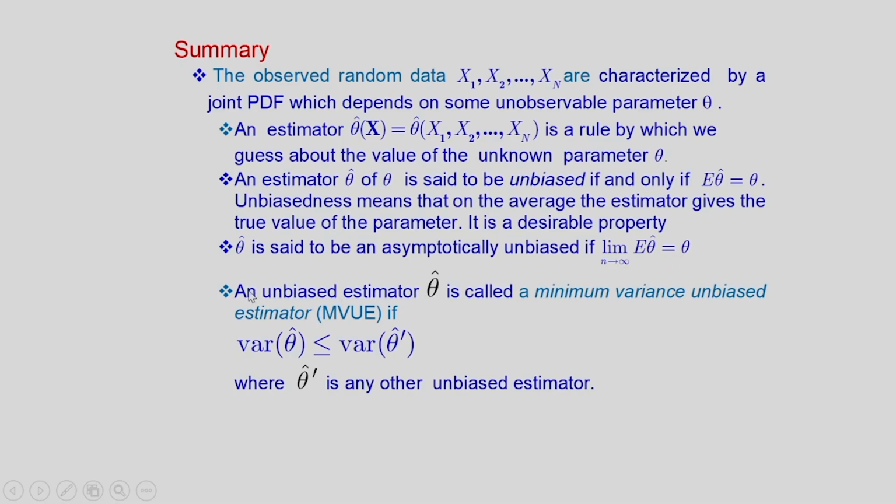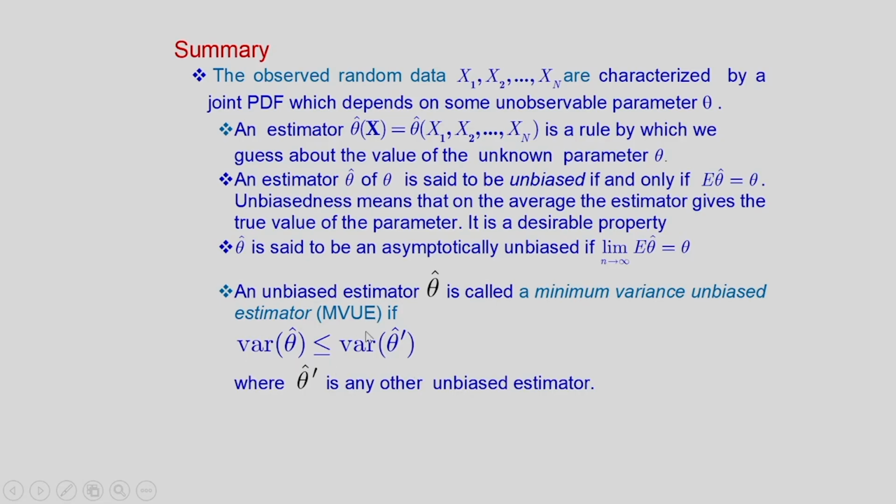Then we discussed MVUE. An unbiased estimator theta hat is called a minimum variance unbiased estimator, MVUE, if variance of theta hat is less than or equal to variance of theta hat dash, where theta hat dash is any other unbiased estimator. So, in the case of MVUE, variance is the least.